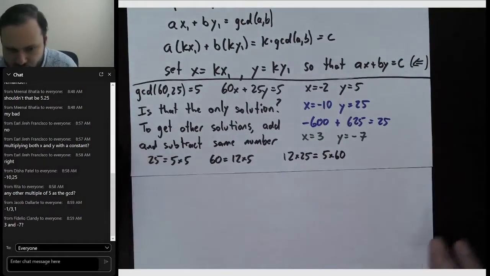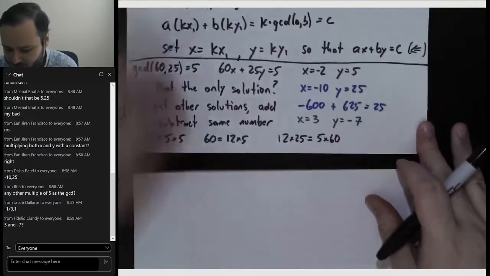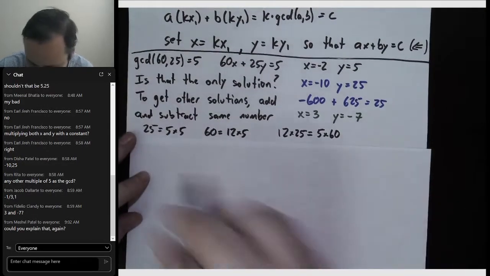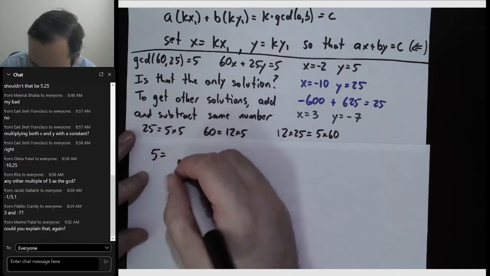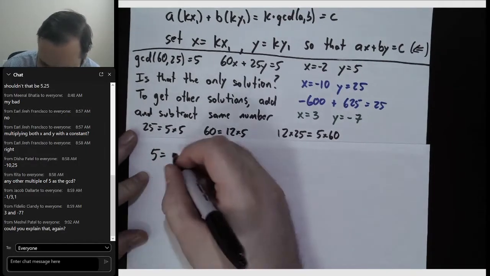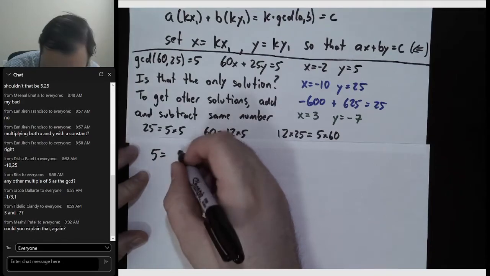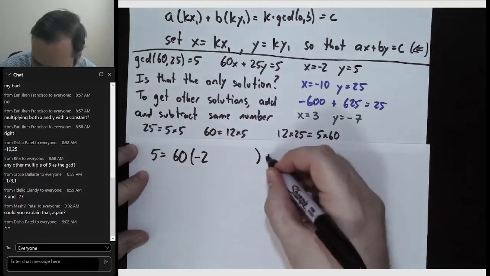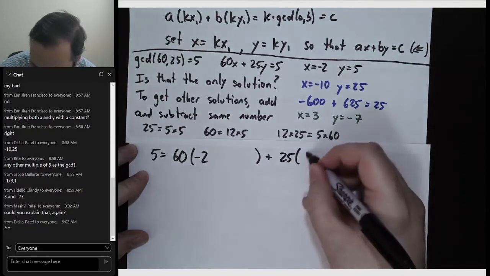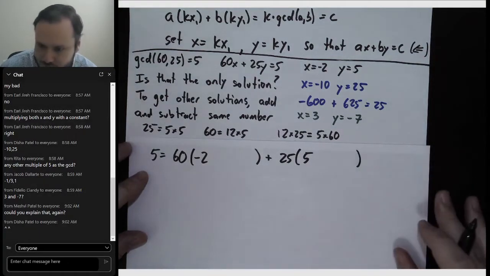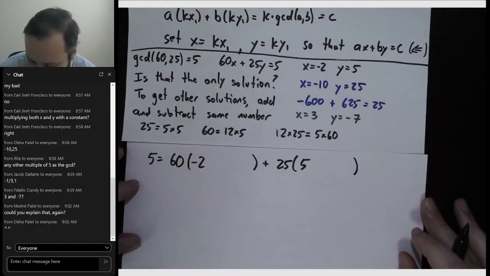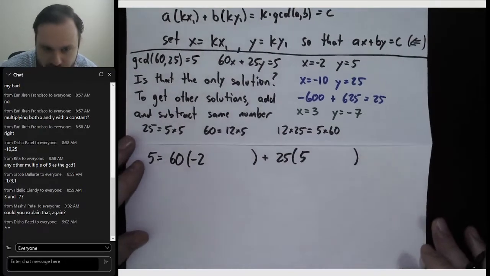I pick my original solution, x equals minus 2, y equals 5. So 5 equals 60 times minus 2 plus 25 times 5. Let me finish this and then I will go back and explain it again.